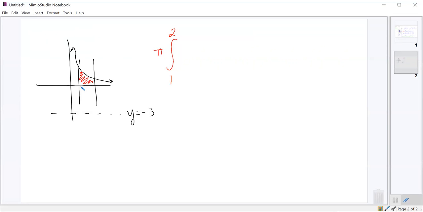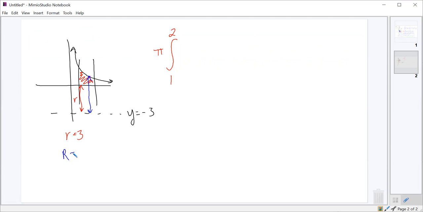Our inner radius ought to just be the distance from the x-axis to y equals -3. So our inner radius ought to be 3. And our outer radius ought to be the distance from the function down to y equals -3.